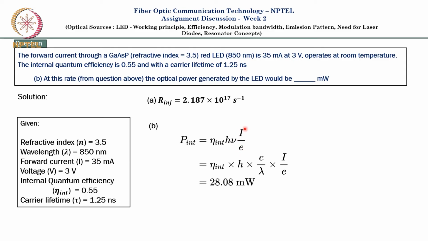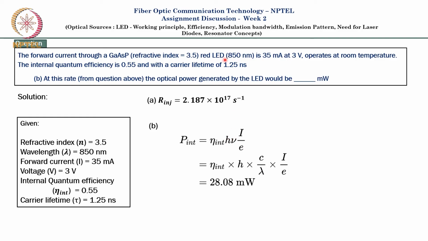The I by e value, which we have already found out, is this value, and h is the Planck's constant, which is a universal constant again, and eta internal is the internal quantum efficiency, which is given as 0.55, and now we have nu, which is the frequency.